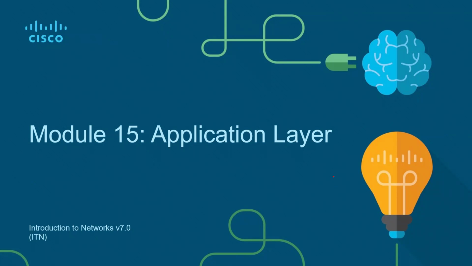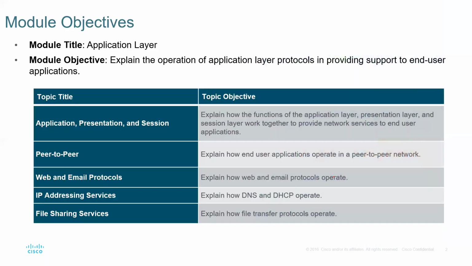So Module 15 is application layer. As you are aware, we have been looking at the different OSI model layers, and we're looking at peculiarity in each of those layers. And in the last class, we were able to look at the transport layer. So after the transport layer, we have what we call the application layer.